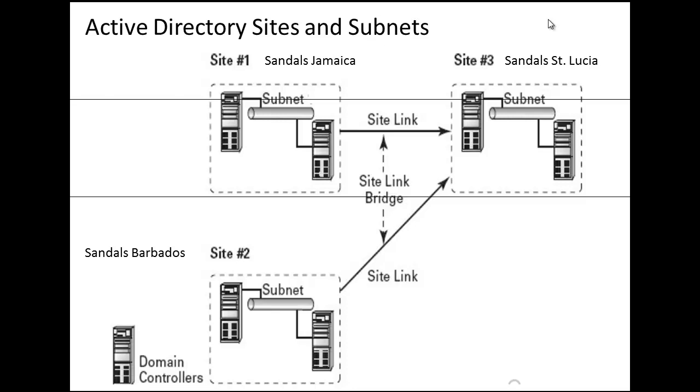Well, when the data is replicated, it means that the data will be transferred to any other domain controller in the network. Let's say that in the Jamaica Sandals Hotel, we change the maintenance supervisor.